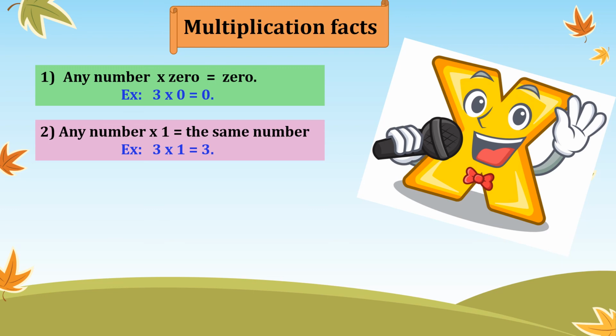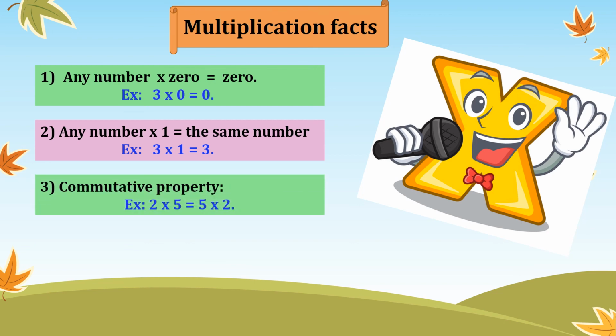If we multiply 3 by 1, 3 times 1 equals 3, the same number. And we said 1 is like a mirror. Number 3, commutative property. We said with the commutative property, we can switch factors and the product will not change. So 2 times 5 is the same as 5 times 2.